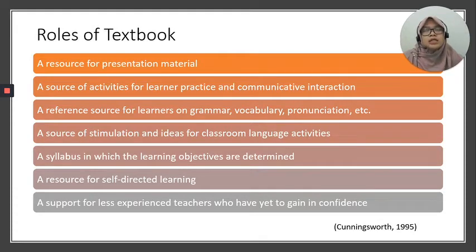They have no idea what activities the students need, for example. So textbooks can be a good resource for them.